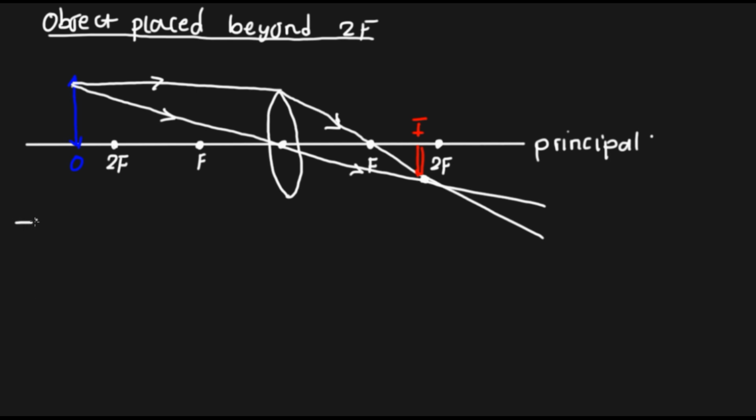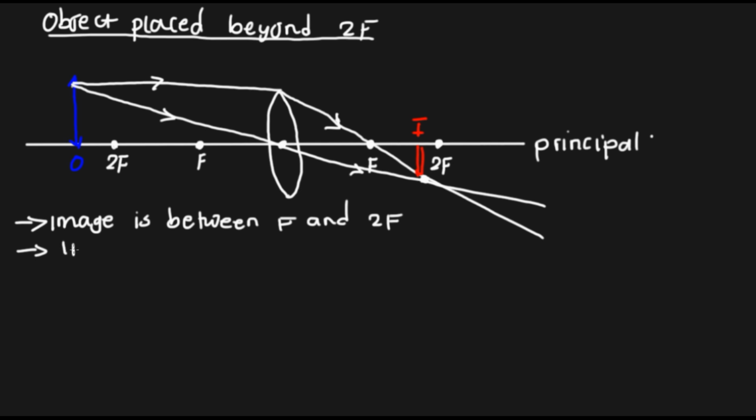Now let's look at the characteristics. So the characteristics associated with the image formed are: the first one, image is between F and 2F on the other side. So F and 2F.